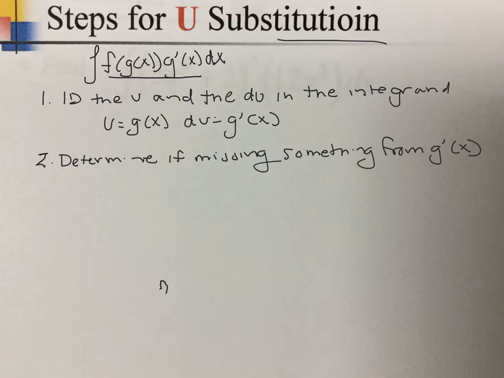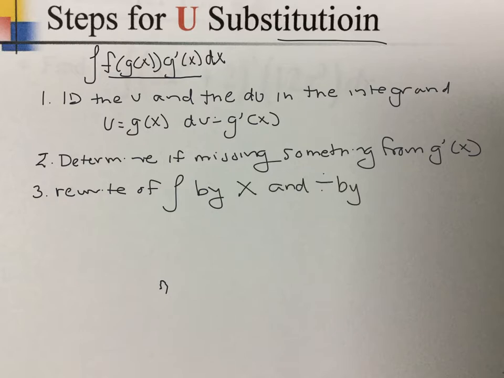Are we missing something from the g prime of x? Because you might be missing a 5 or a 3 based on what the integral should, or the derivative should be. And after we determine if something is missing, we're going to do a rewrite of the integral, okay, by multiplying and dividing by a constant.